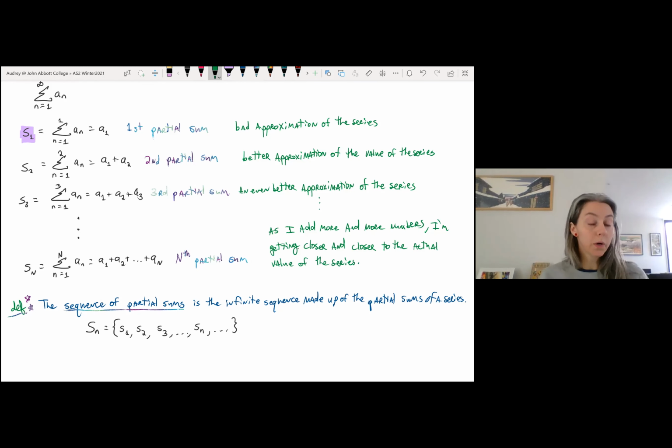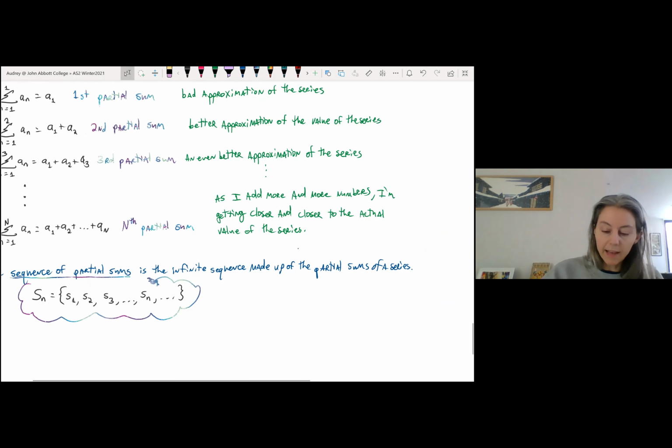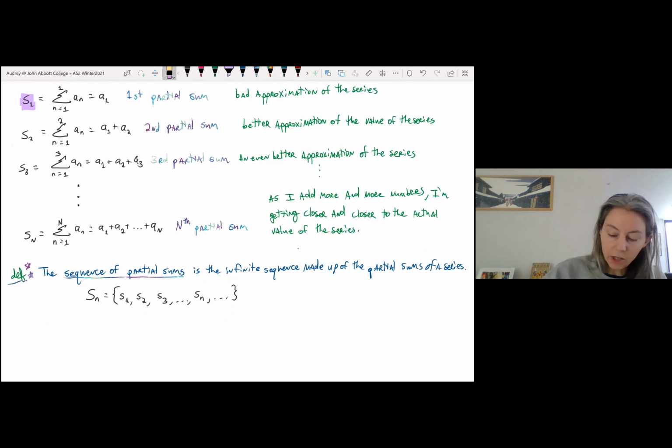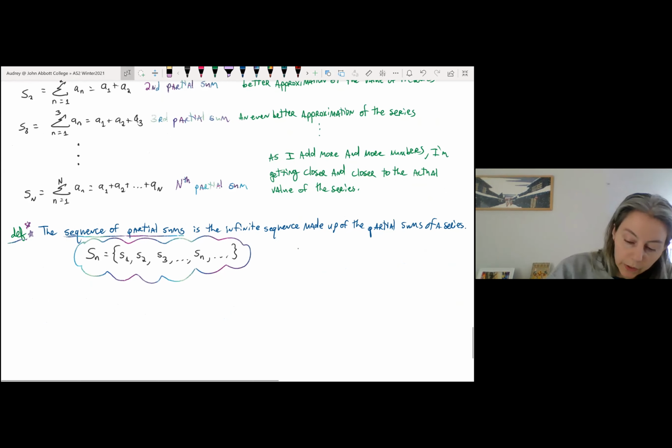So in other words, I can think of this sequence of partial sums right here as a sequence of approximations of the value of the series.